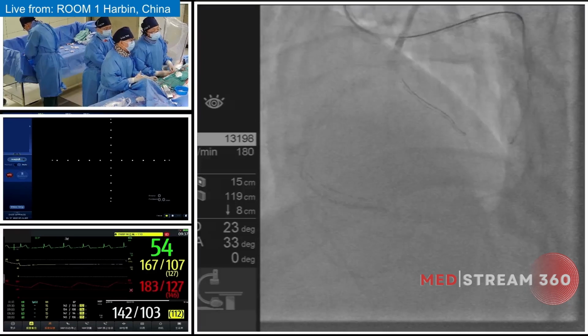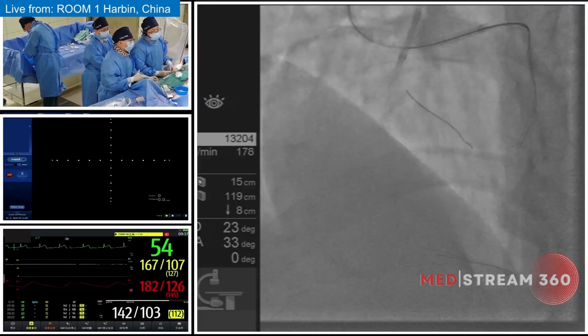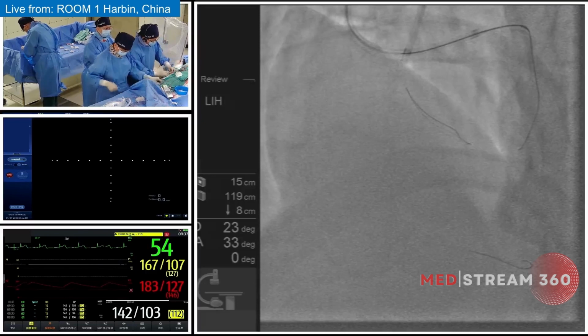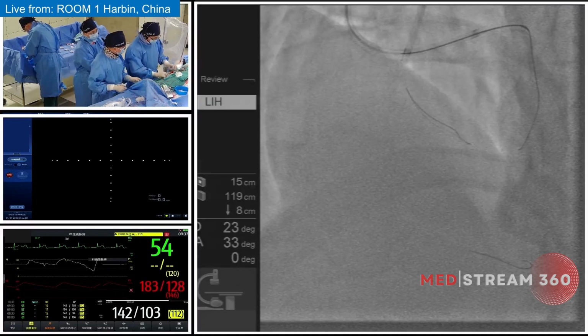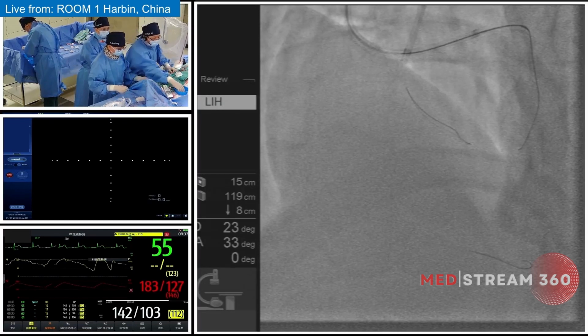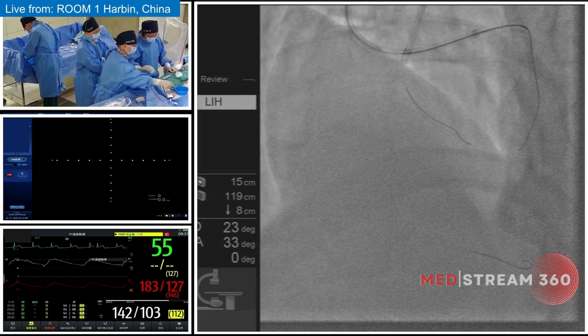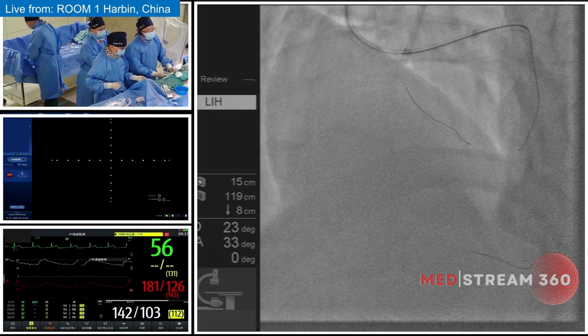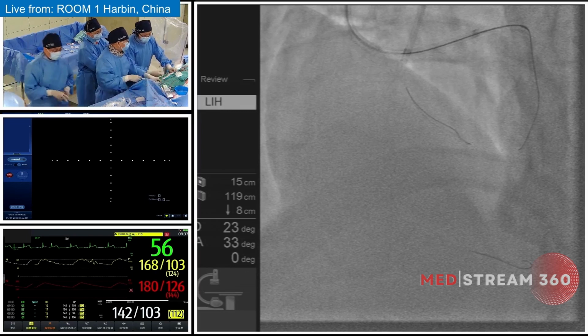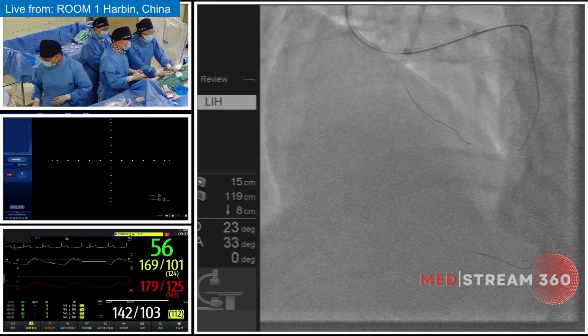And if we perform these ADR techniques in the relatively mid or distal part of our LAD, we are taking the risk of losing two or even more relatively big side branches, which is not a good promise for the good prognosis of the patient.